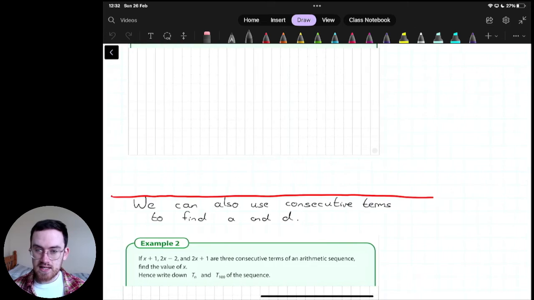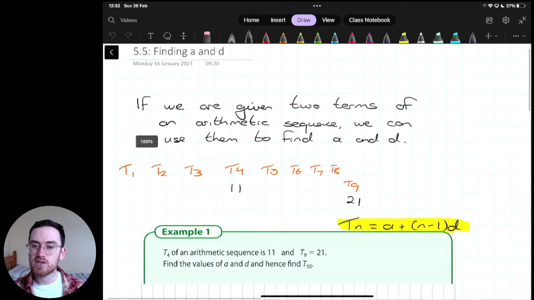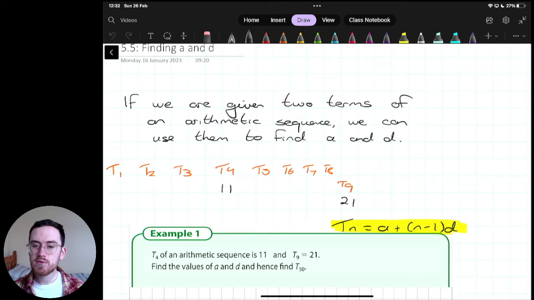Something that might come up with these sort of questions is finding the values of a and d. So sometimes we'll be given two terms and we can use them to find a and d. This is particularly when we're not given the first term, or if we're not given two terms that come after each other.